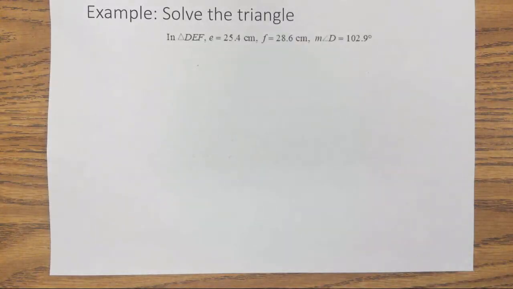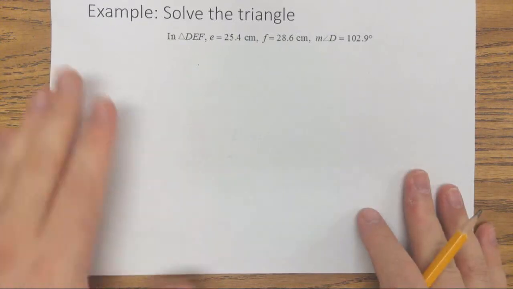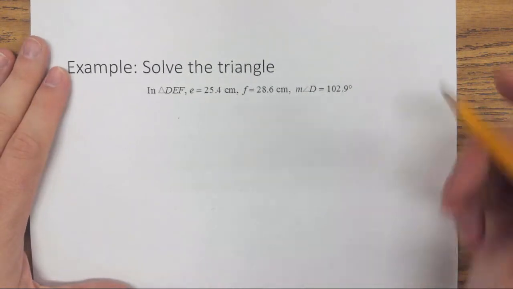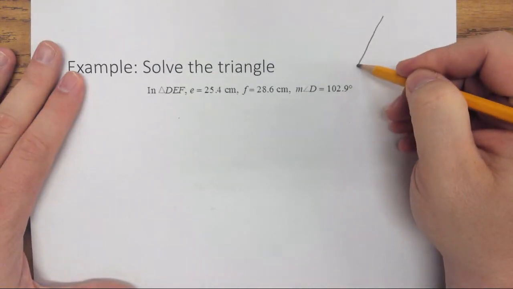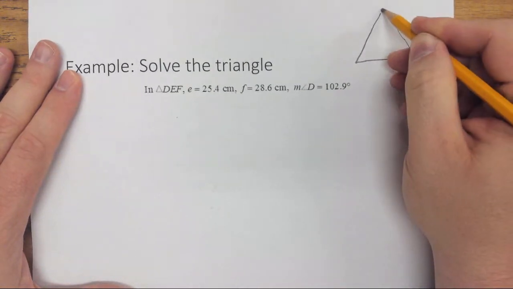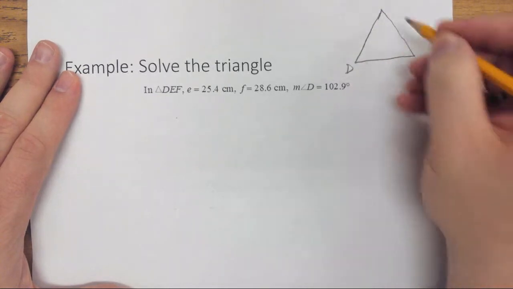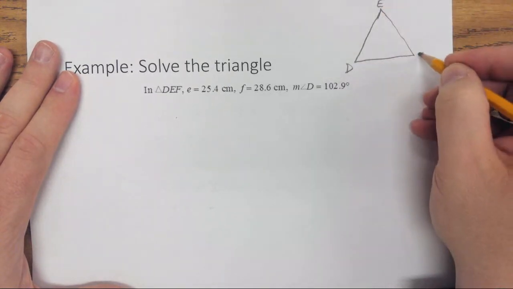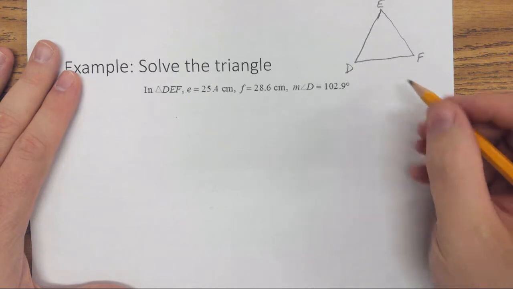One more example. Solve the triangle. These are the best ones because we get to do so much fun work with this. Draw the triangle. There's our triangle, D, E, F. Label what we know.